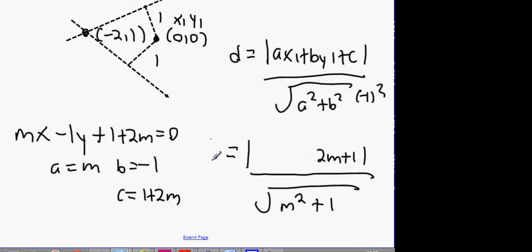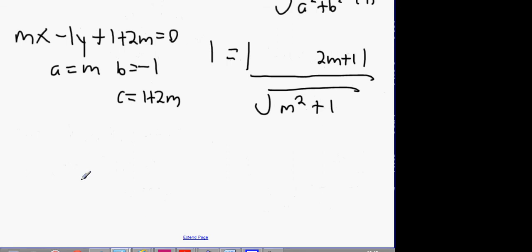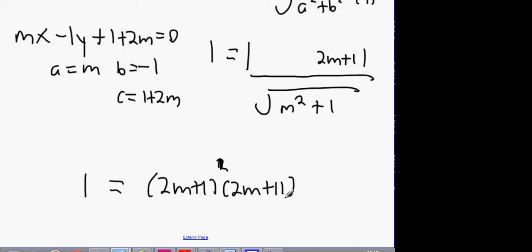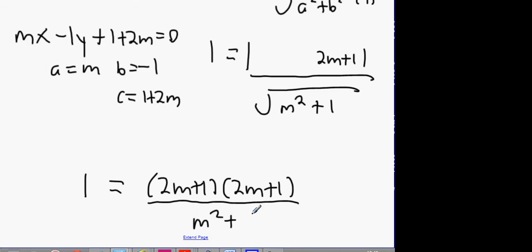Now, what's d? Distance is 1. Square both sides. We're going to get 1 equals 2m plus 1 squared, same thing as 2m plus 1, 2m plus 1, and then finally divided by m squared plus 1, because when you square it, the square root disappears.